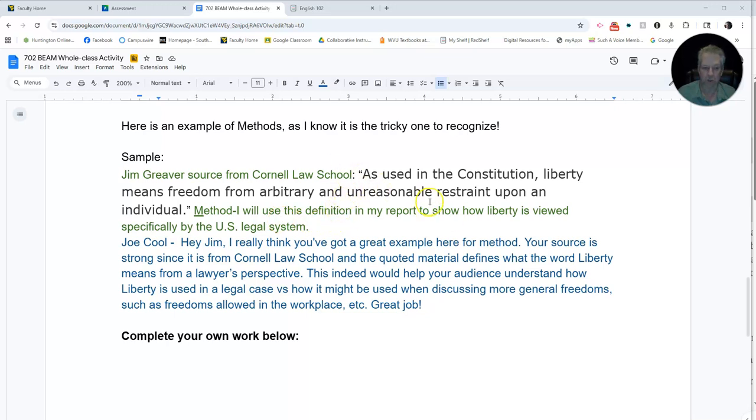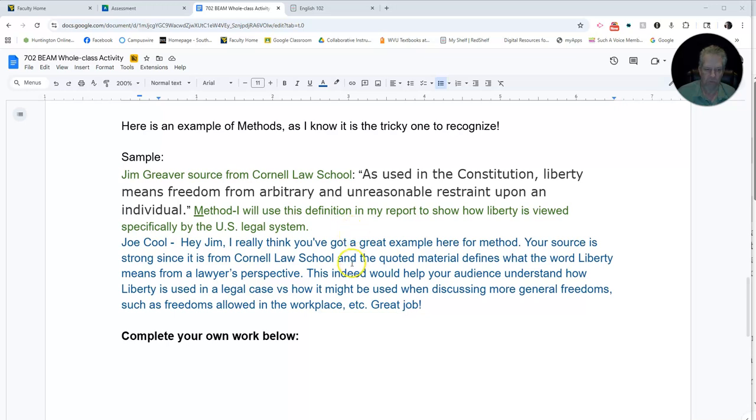So that tells you that's methods. That's how methods work, right? So it's not about the topic so much as it's about my methodology that I'm going to be doing in my report to help my audience understand something better. In this case, how liberty is understood by the U.S. legal system.